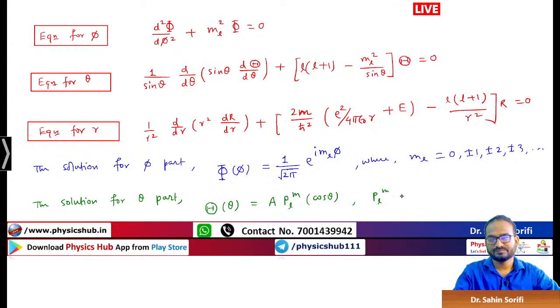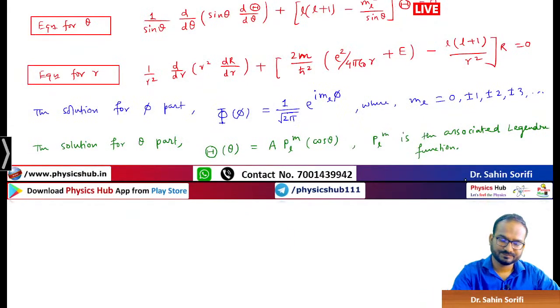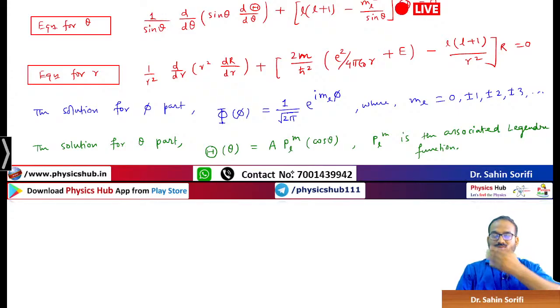What is this PLM of cos theta? PLM is the associated Legendre function. Now PLM of cos theta is not multiplied as a cos theta, it is a function of cos theta.